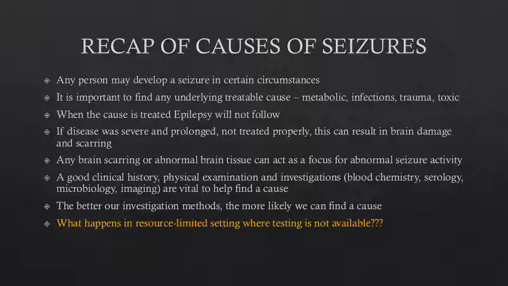When a seizure occurs due to an underlying medical cause, and the medical problem is well treated and resolves, it will likely not lead to unprovoked seizures in the future, which is epilepsy.